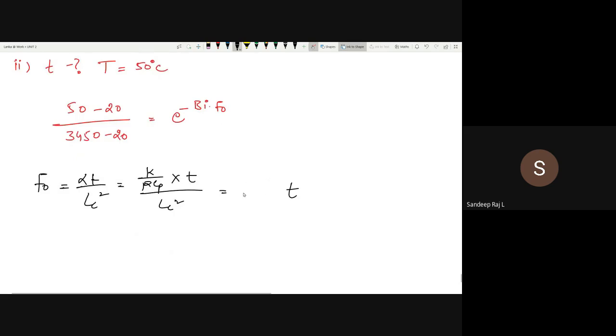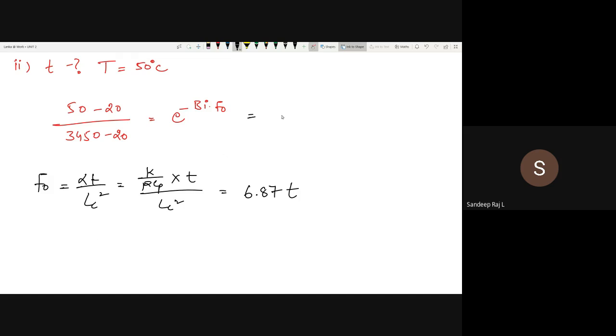Tell me what this value is. The Fourier number is something into t. 6.87. So the Fourier number is 6.87 into t. We substitute this Fourier number and the Biot number into this.